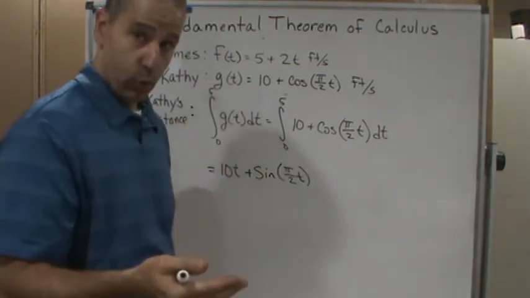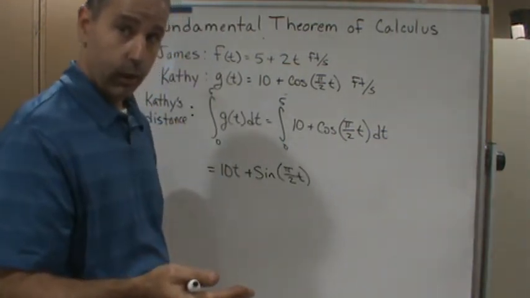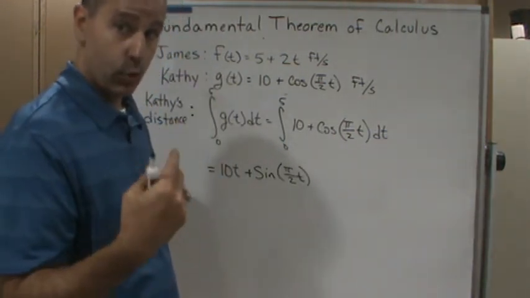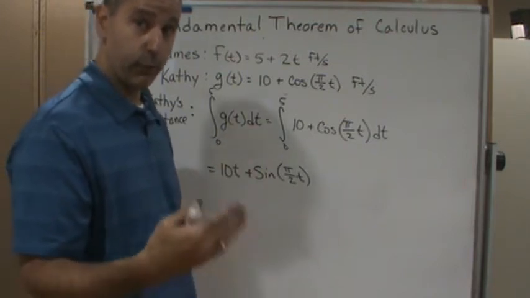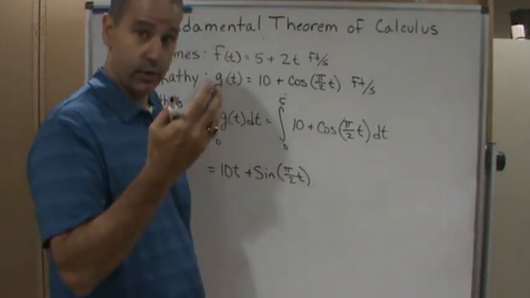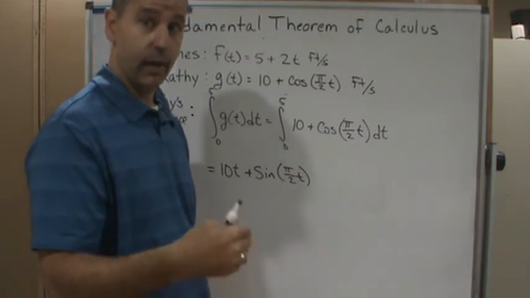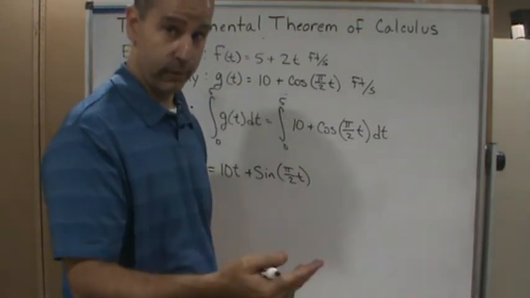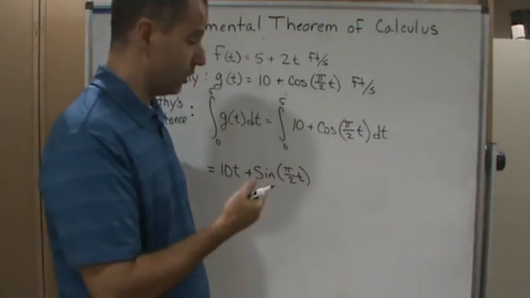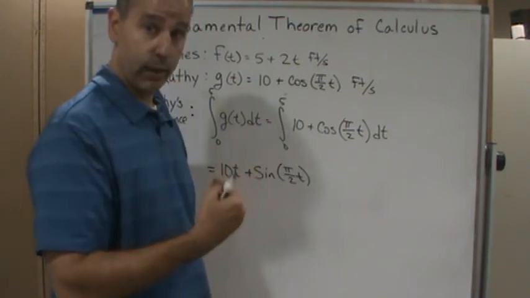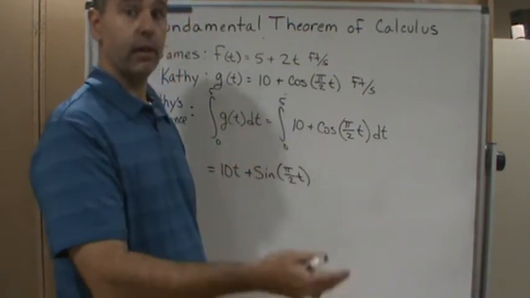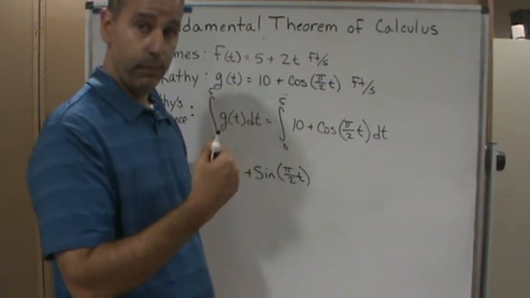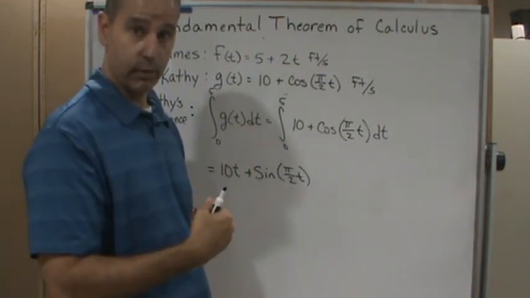For the chain rule for taking the derivative, you take the derivative of the outside and multiply it by the derivative of the inside. It turns out that for integration, you do it backwards, well, sort of backwards.